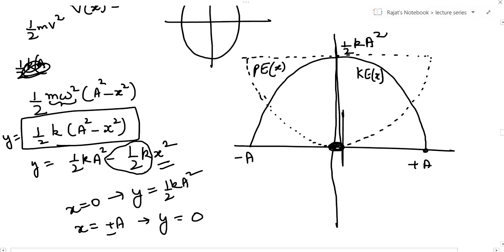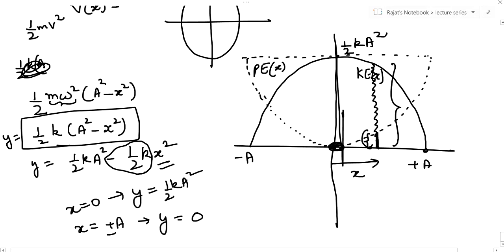Okay, and the sum of potential energy and kinetic energy will be constant. So at any particular x, this will be the potential energy, and this will be the kinetic energy, such that the sum of kinetic energy and potential energy is constant.